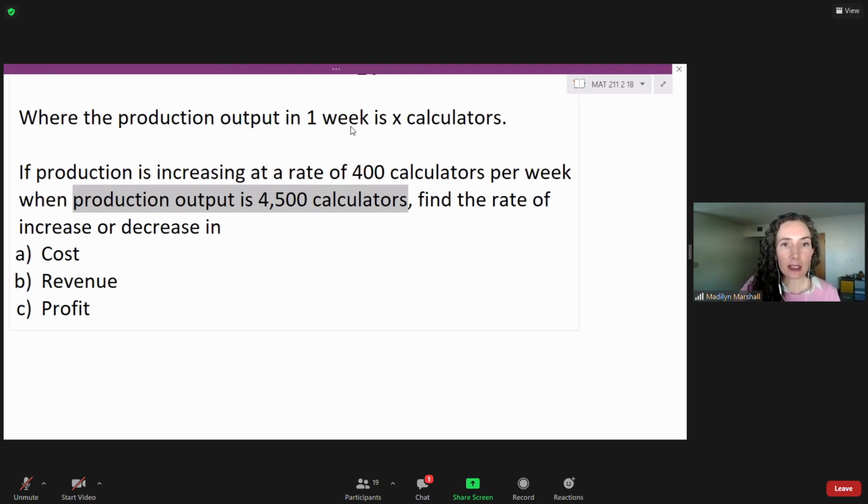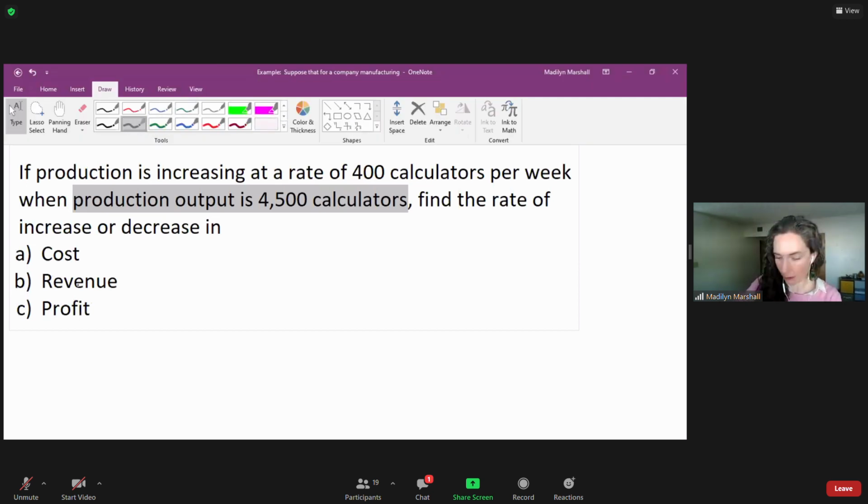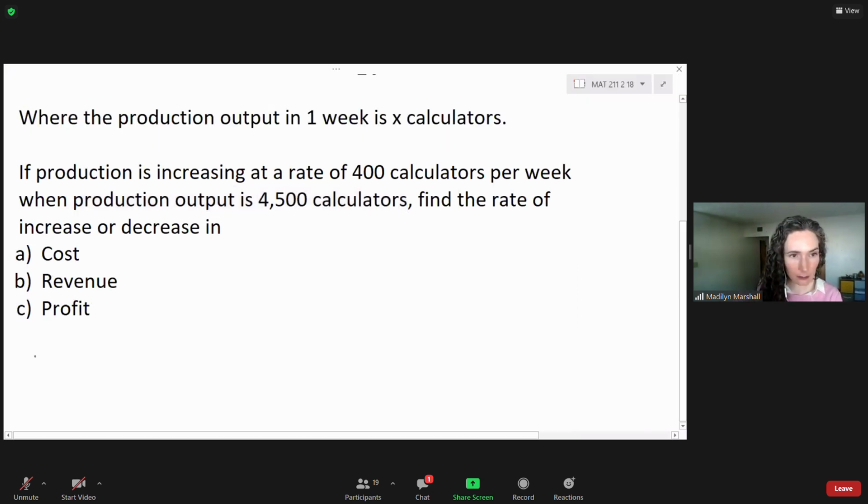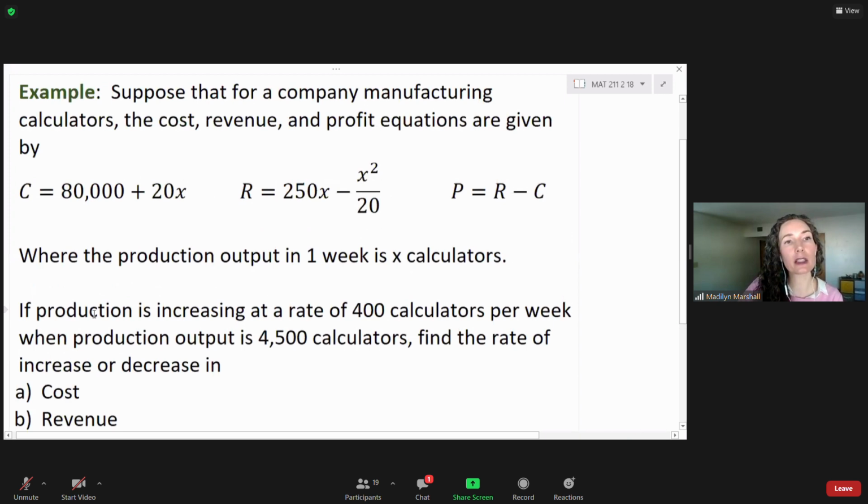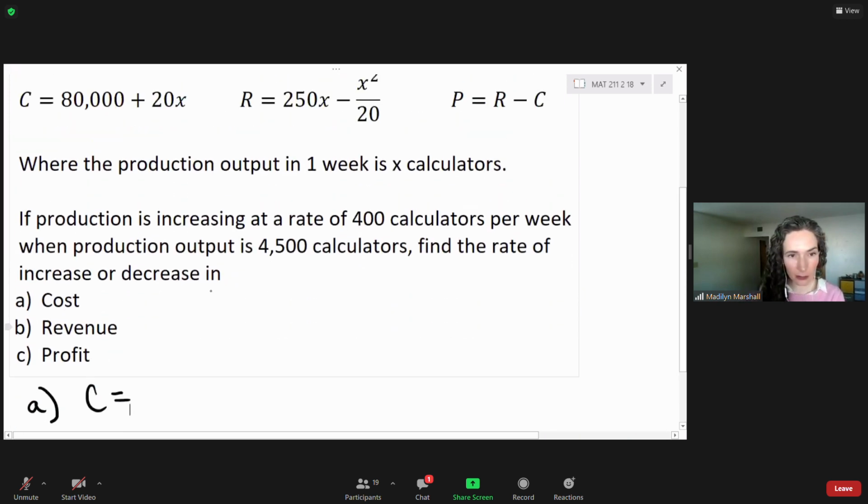So starting with cost, I'm just going to rewrite that equation, 80,000 plus 20x.